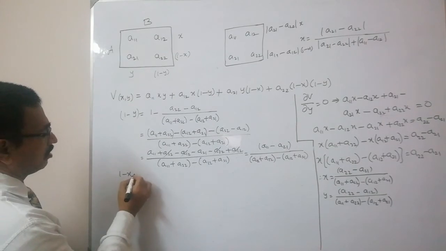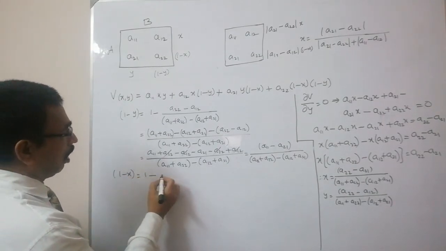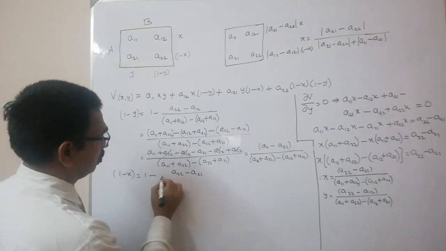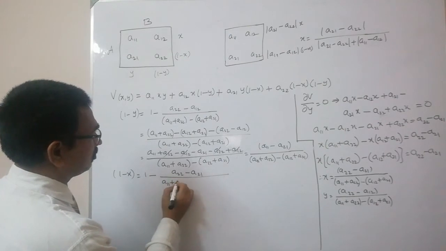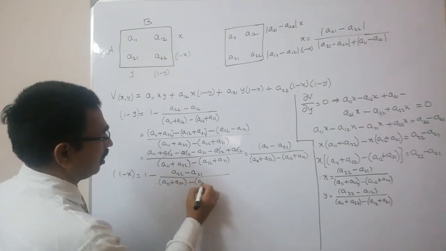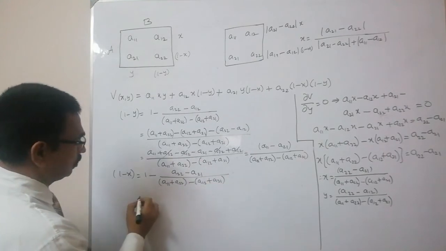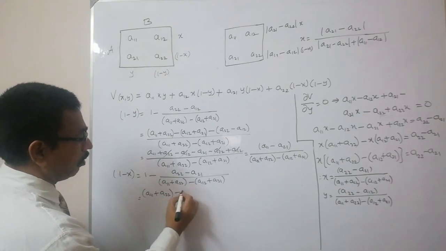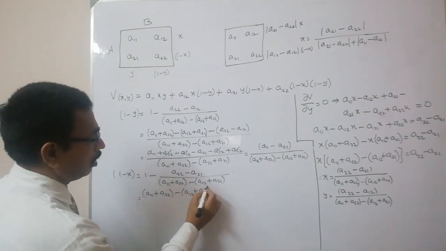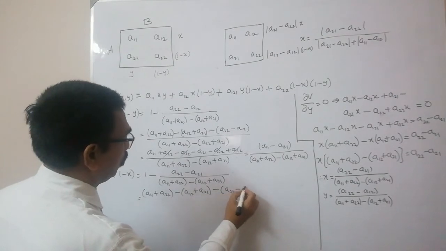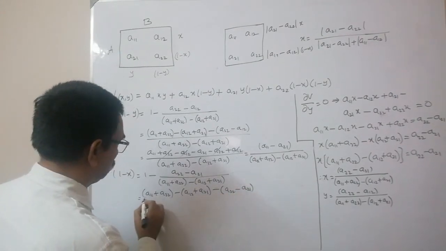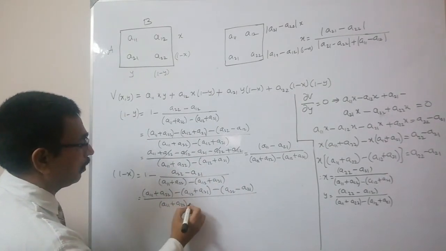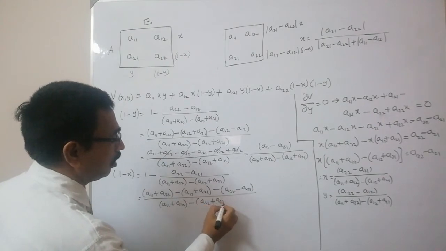Similarly, 1 minus x equal to 1 minus (A22 minus A21) by (A11 plus A22 minus A12 plus A21). Now this is equal to (a11 plus a22 minus a12 plus a21 minus a22 minus a21) by (a11 plus a22 minus a12 plus a21).